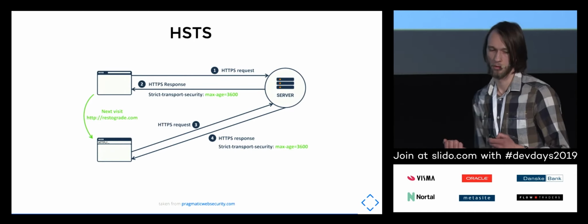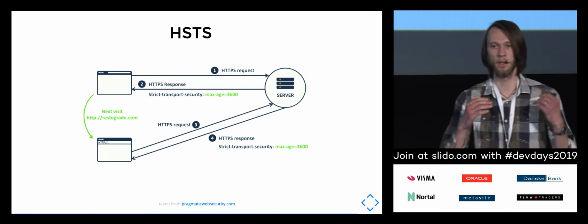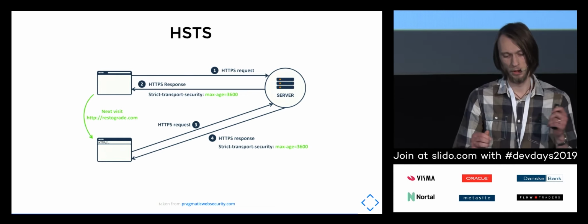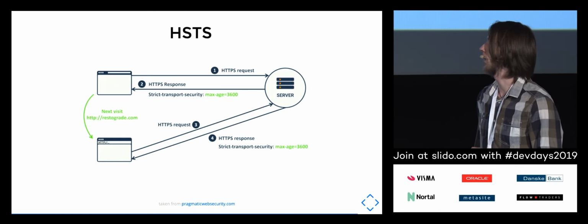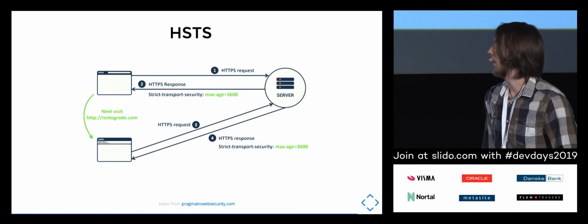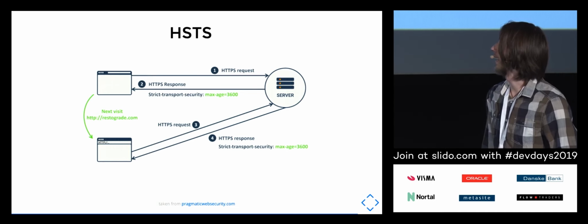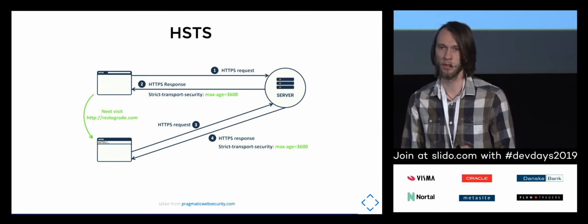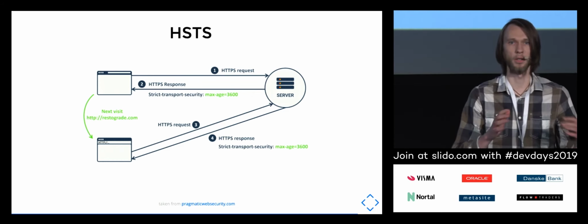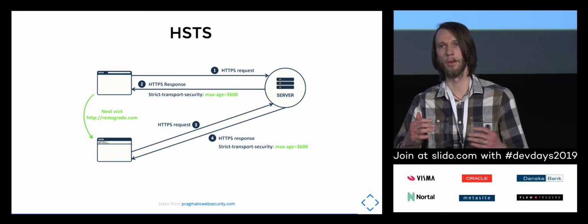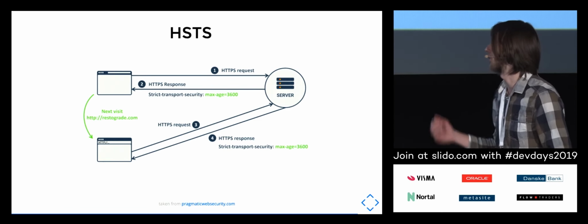First, we can use specific headers that are sending not just a redirect, but the strict transport security header that is saying to the browser that we are using only HTTPS. And next time when the user tries to access our site with an HTTP request, the browser automatically converts this request to HTTPS, and there is no problem.